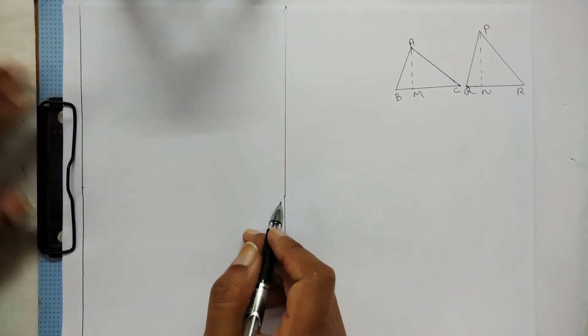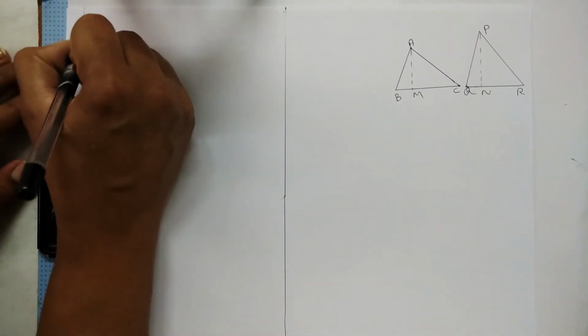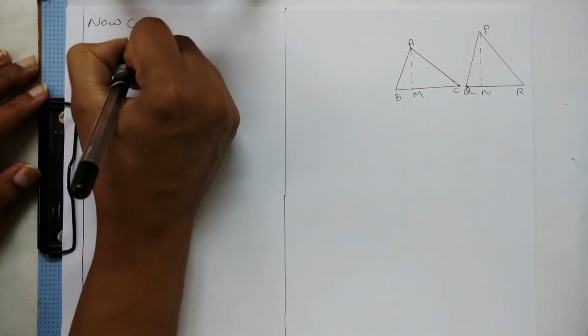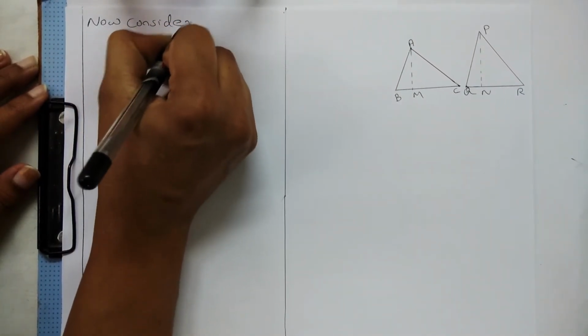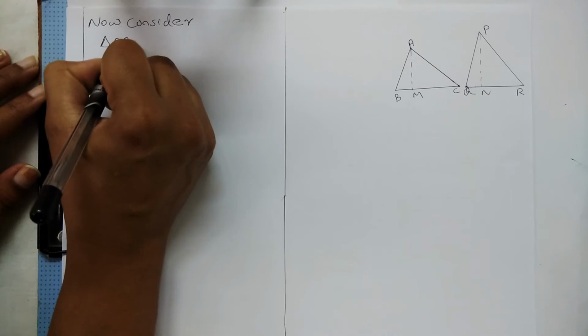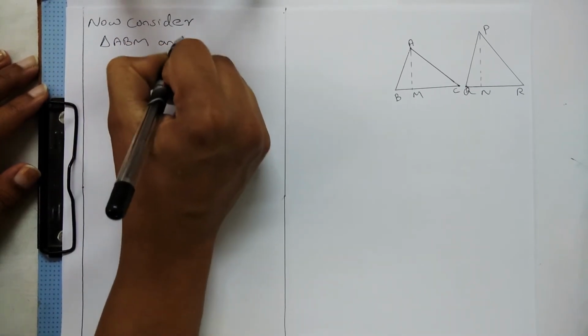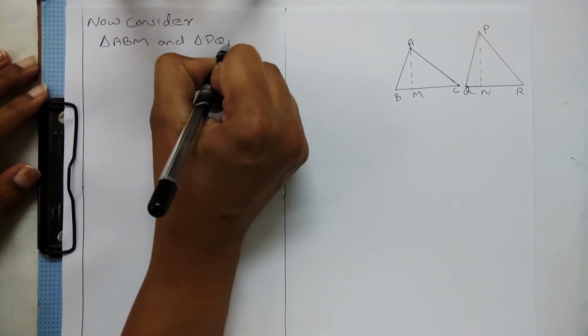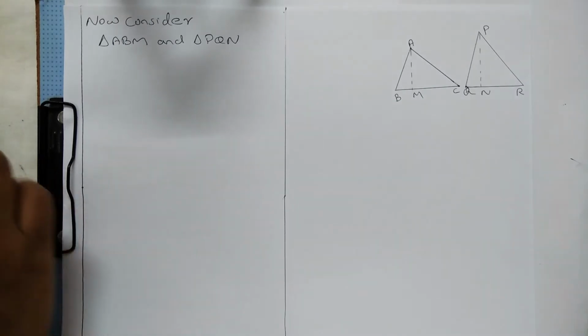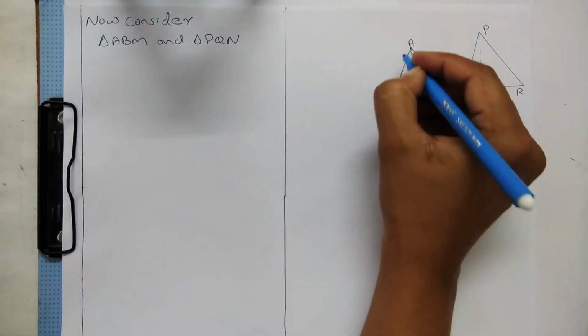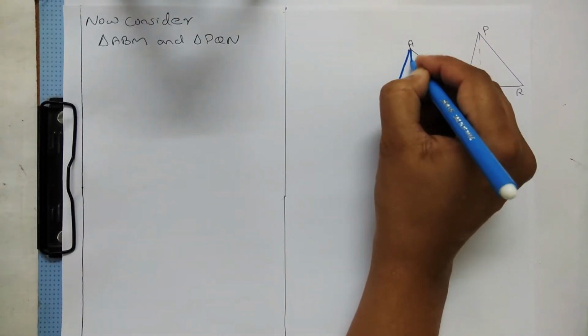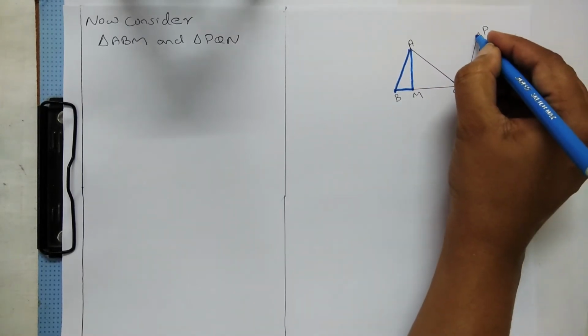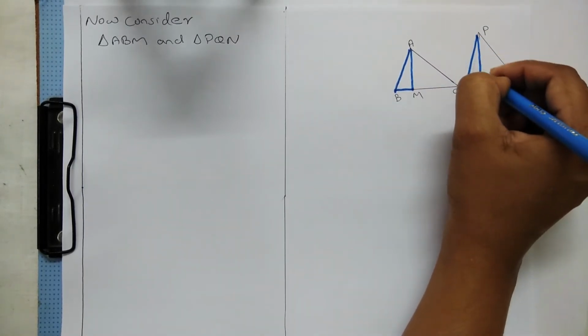I am considering the triangles here. Now consider triangle ABM and triangle PQN. Which triangles are we considering here? ABM and PQN.